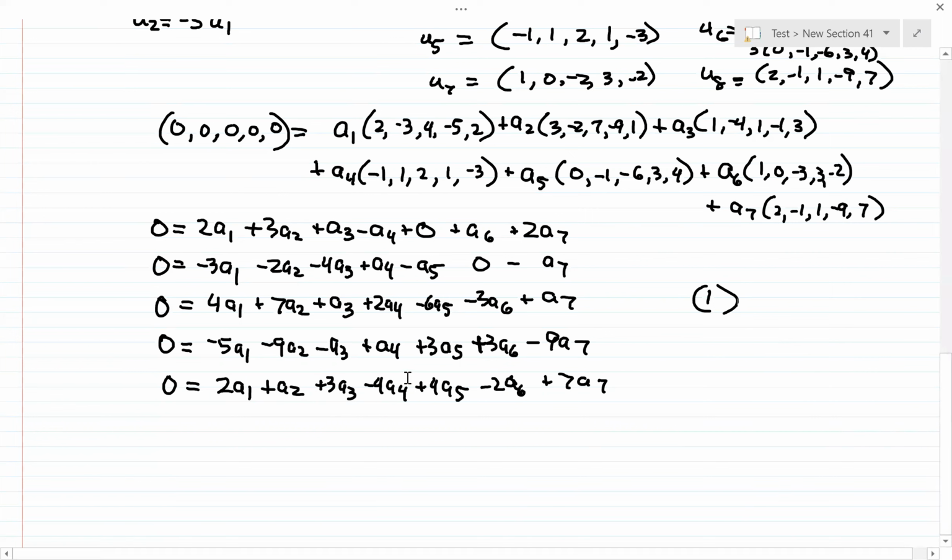I'm trying to survey it and just see what's the easiest way to proceed. Since we already have a2 alone here, that might be an easier way to go. Yeah, why don't we try that?